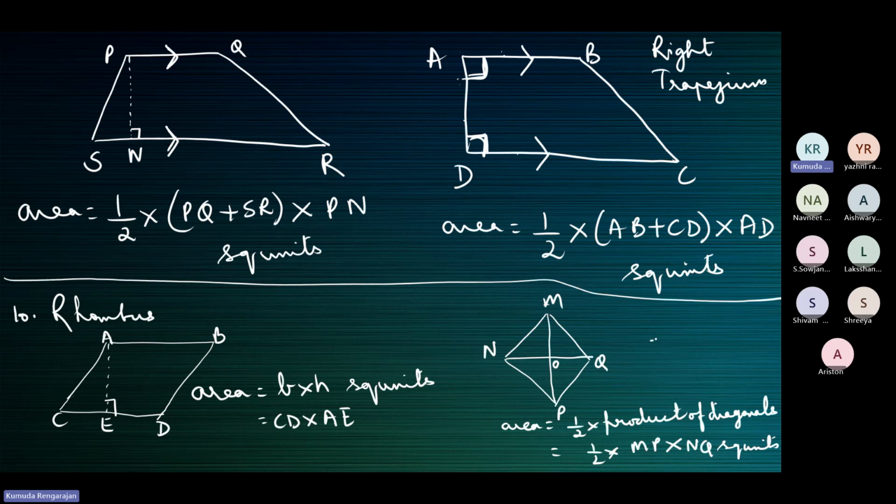Length of diagonal 1 into length of diagonal 2. Half D1 D2, half into product of diagonals. It's also called half D1 D2 square units.